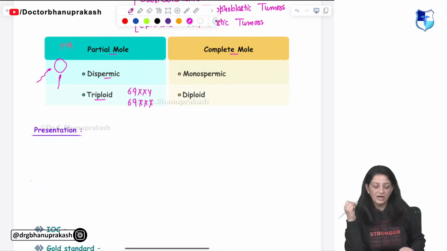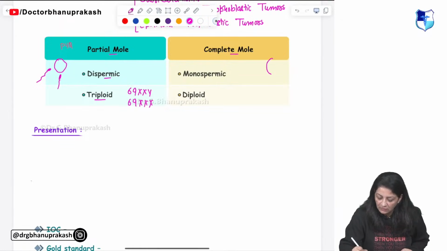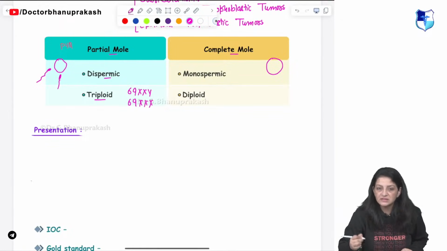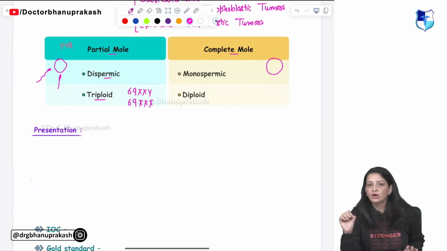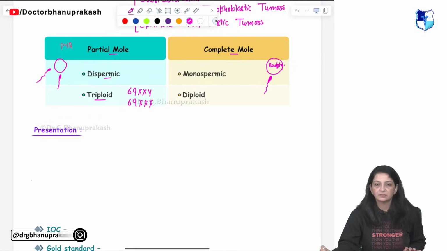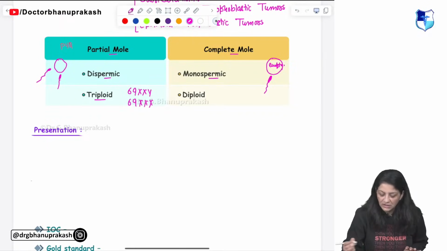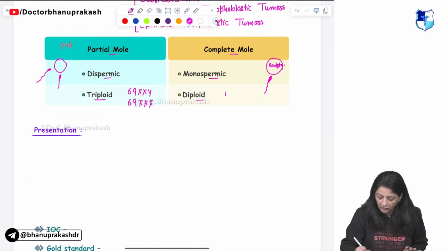So this is a partial mole. Complete mole, monospermic, only 1 ova which is empty. Female chromosomes are not activated. Empty ova is fertilized by a single sperm. So complete mole is monospermic. Diploid, 46XX.